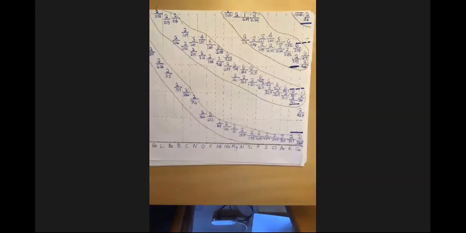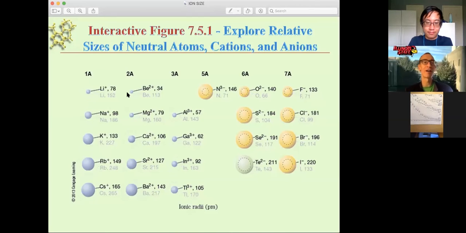Okay, now let's go to the graph. Here we're looking at this graph from the table in the text. Here is a lithium ion smaller than lithium because it's lost its 2s electron. Here is a sodium ion smaller than a sodium atom because it's lost its 3s electron. But the ions themselves get bigger as you go down the group because they still have remaining electrons in larger subshells below the valence electrons.